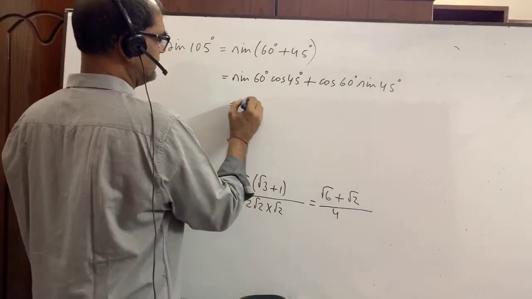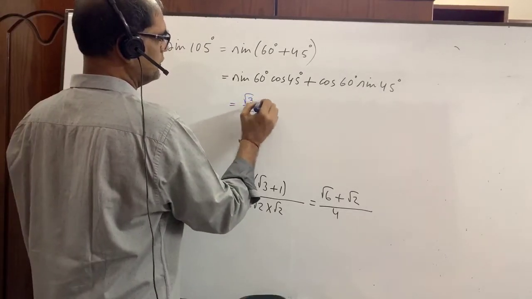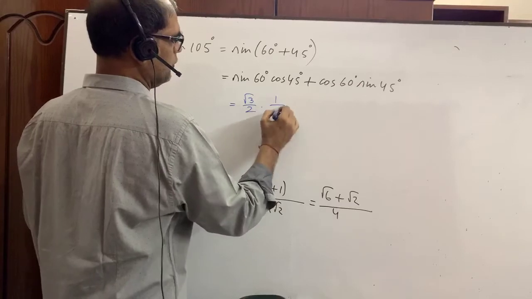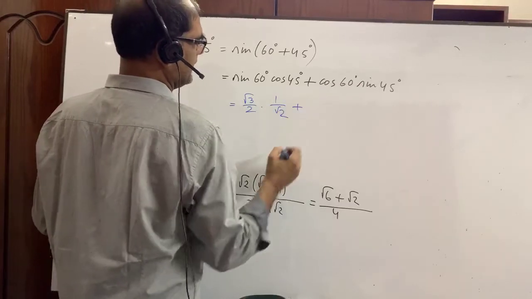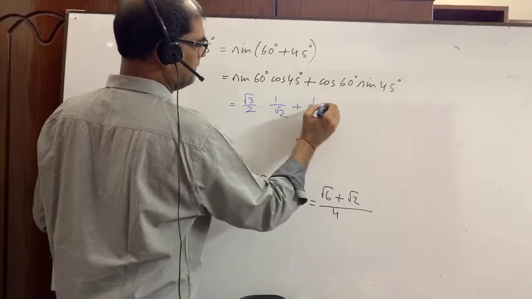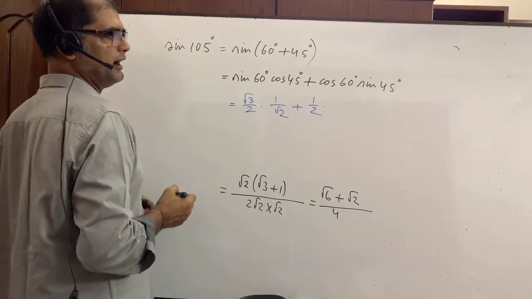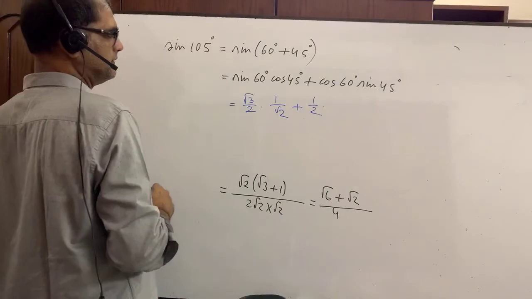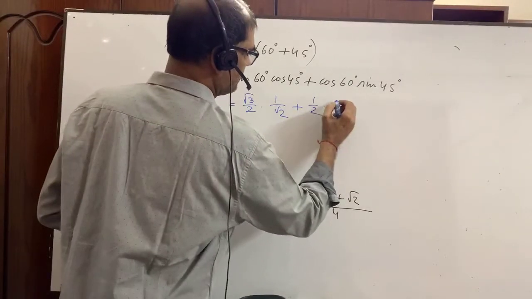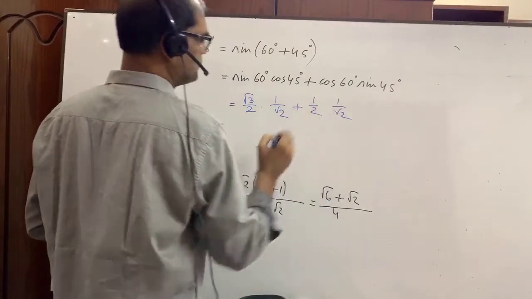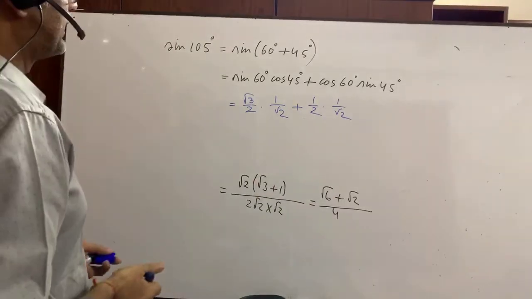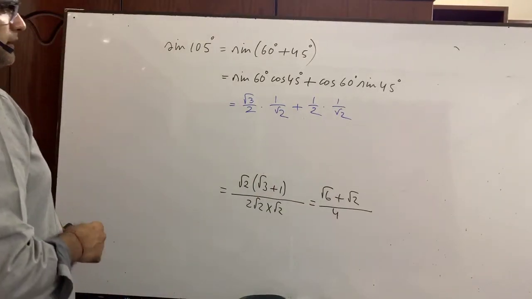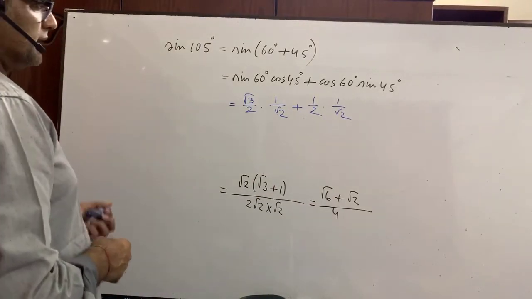Sin 60 is root 3 by 2, then cos 45 is 1 by root 2, then again cos 60 is half, is it? Then sin 45 is 1 by root 2. I think after that you can do it, right? I am not going to do this math.